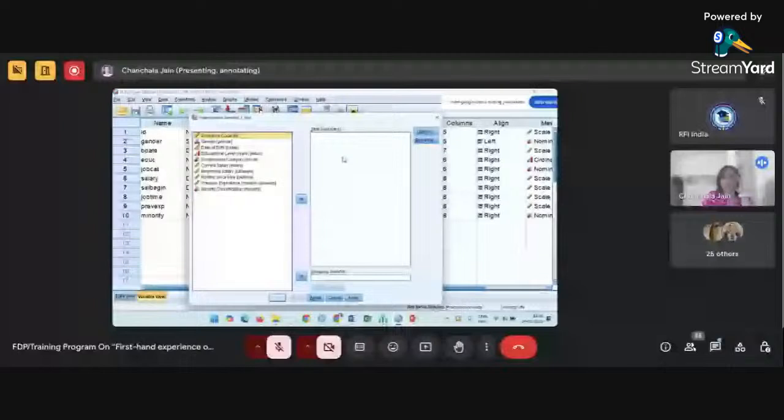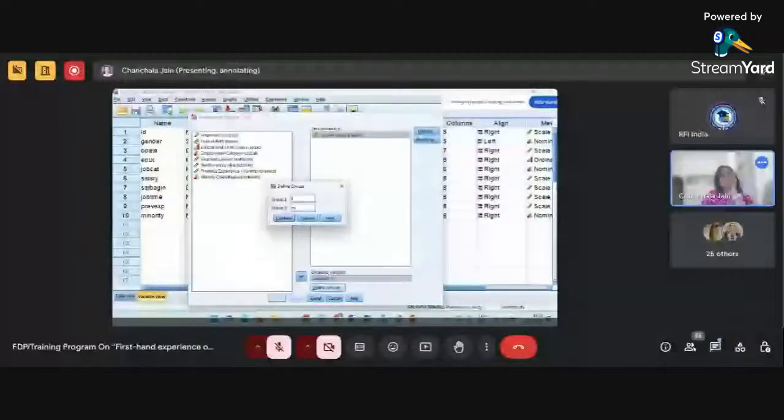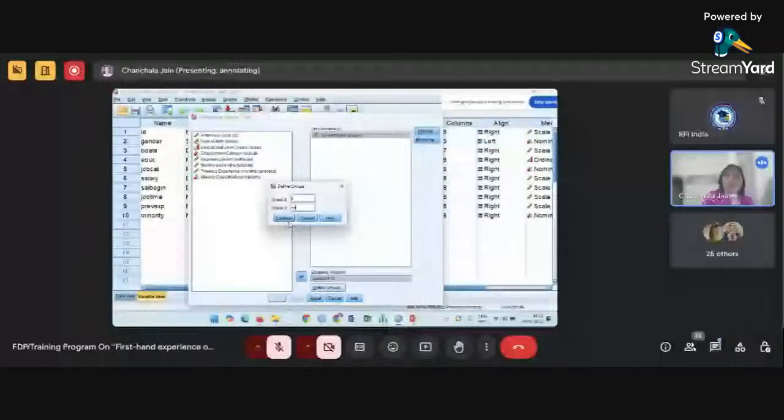The first group is the male group, which is F, and the second group is the female group, which is M. So F and M are the codes which we have given, right? You can click on the three dots. This is what you have checked.